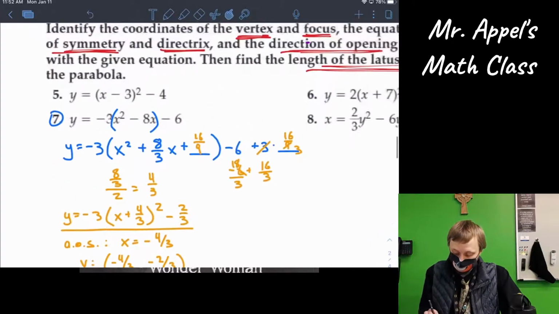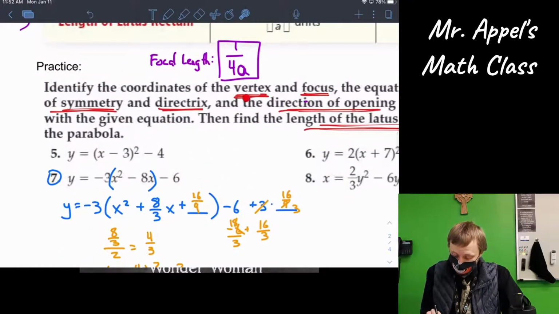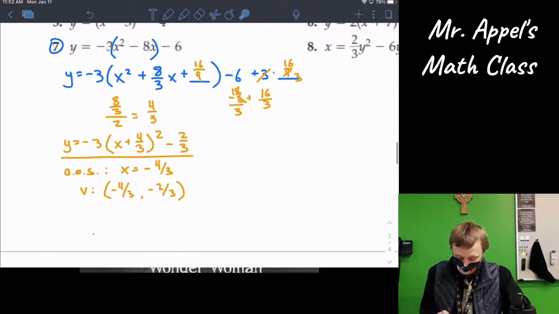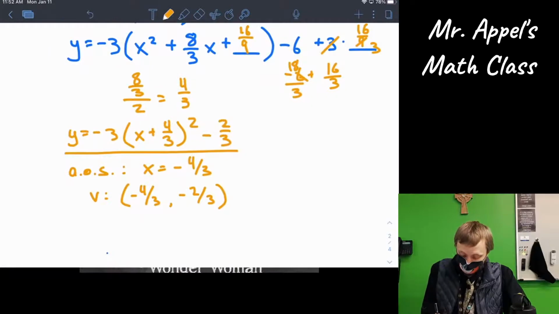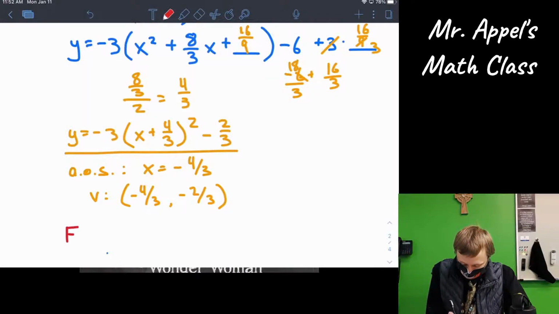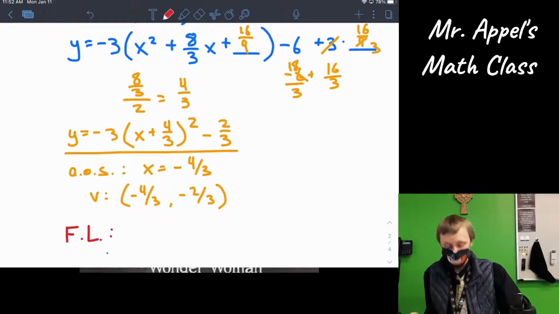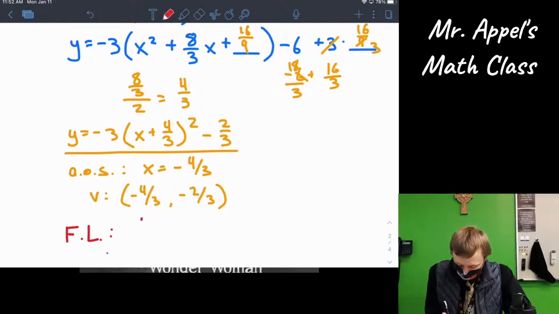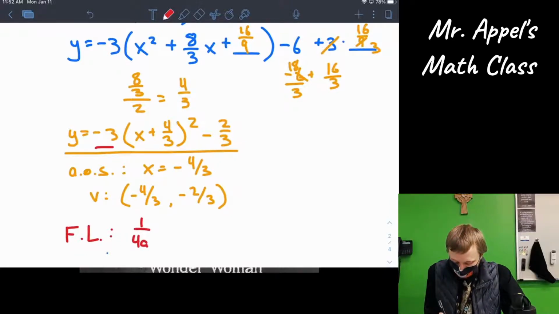What else did we need? Find the vertex and the focus. Oh, yes, the focus, right? Okay, we got to find our focal length. So let's switch to a new color here. Focal length is always 1 over 4a. What is our a in this case? Negative 3.